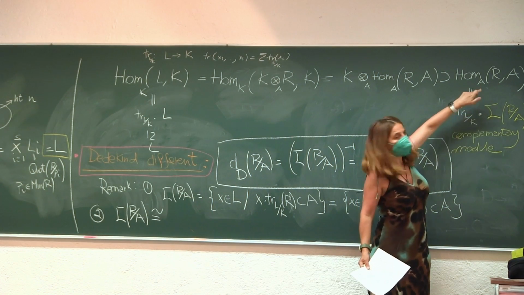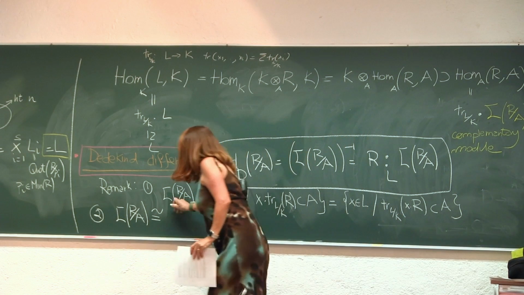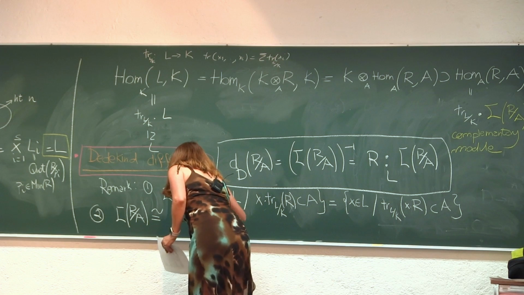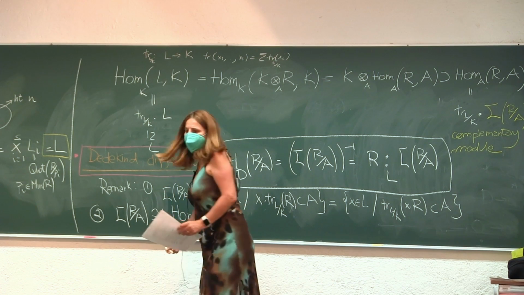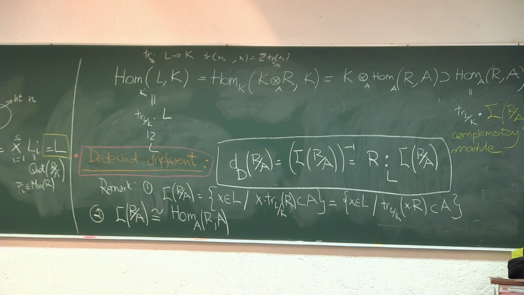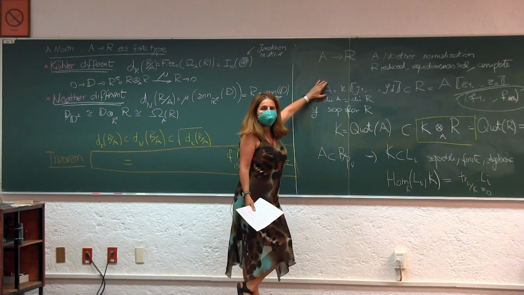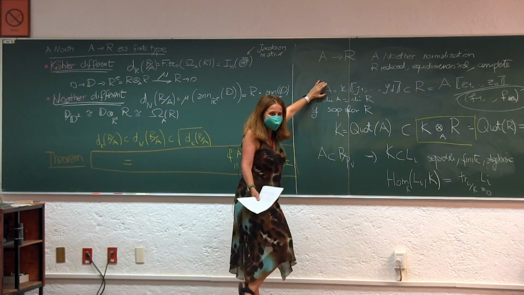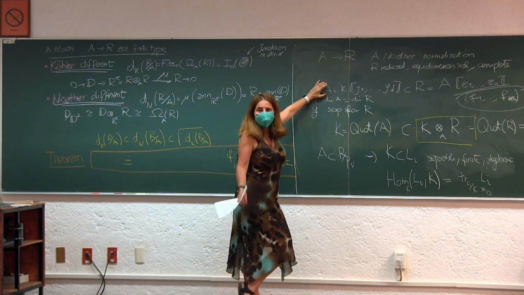Okay? And now, the second observation is that this complementary module is isomorphic, since the trace is just an element, to this Hom. And now I want you to think a second about what you know from commutative algebra.